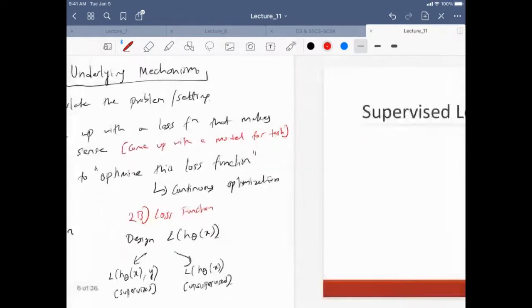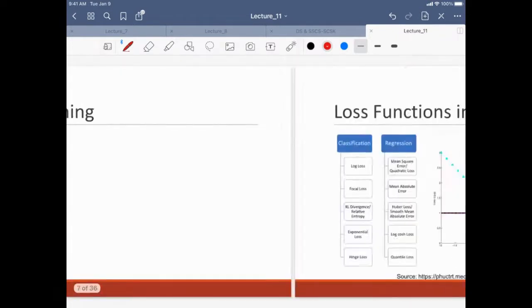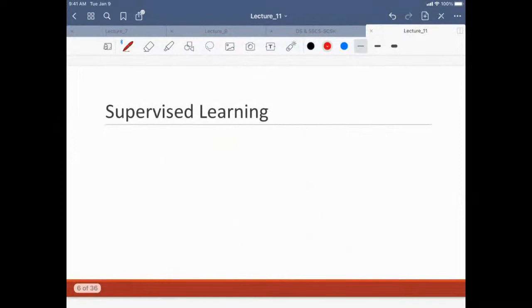Okay. All right. So let us talk about now the supervised learning setting. So the supervised learning setting is where you have your data, which is basically x1, y1 until xn, yn. So everything is labeled over here.